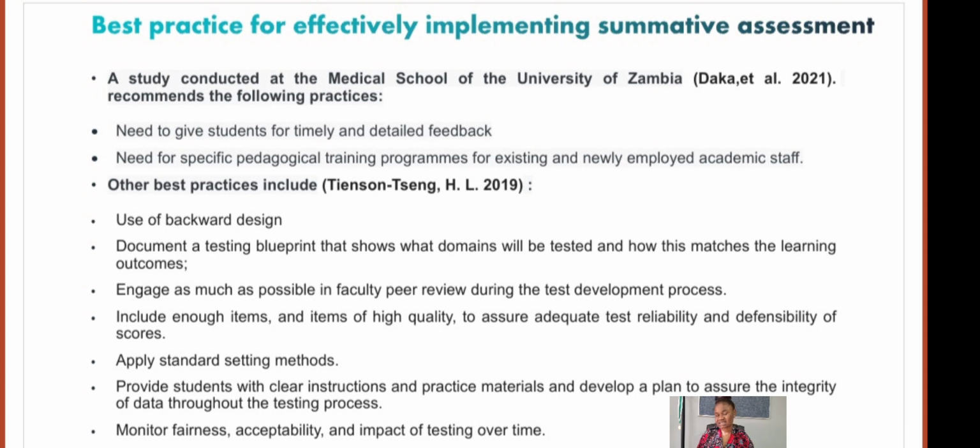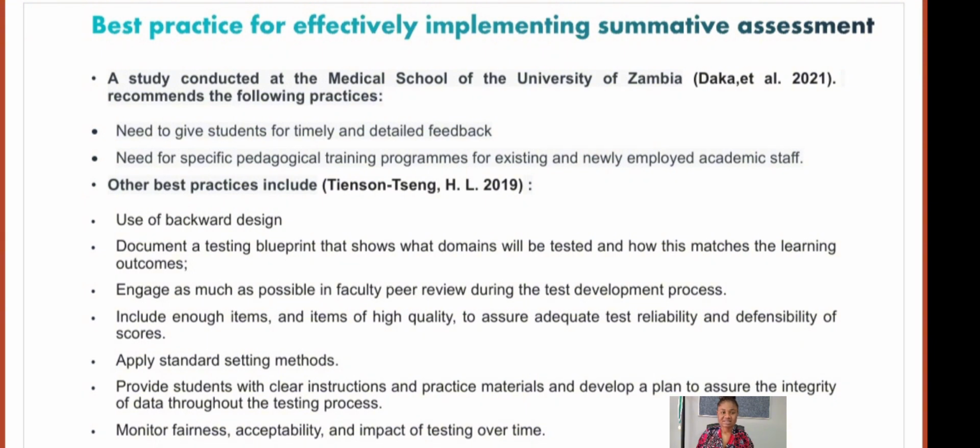Now, other best practices include those that have been provided by Thyssen in their article in 2019, which is the use of backward design that starts by defining the learning outcomes and what type of assessments are most suitable to measure the outcomes.